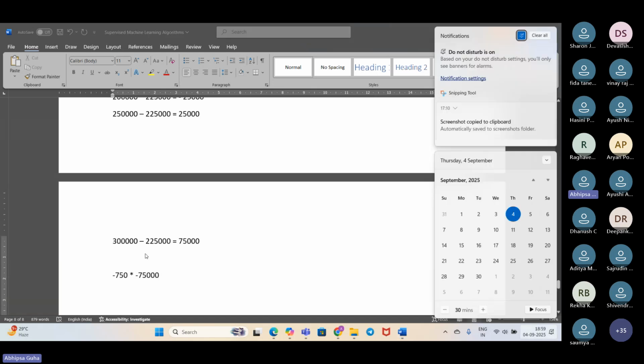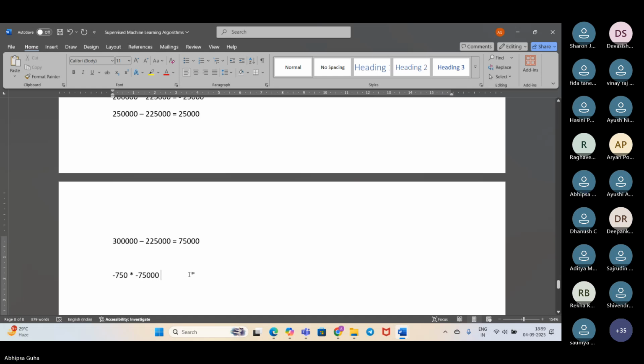So by doing this, what we are getting? I need to just go ahead with the calculator. Minus minus will get into the plus, then we will be getting 56,250,000. Okay.